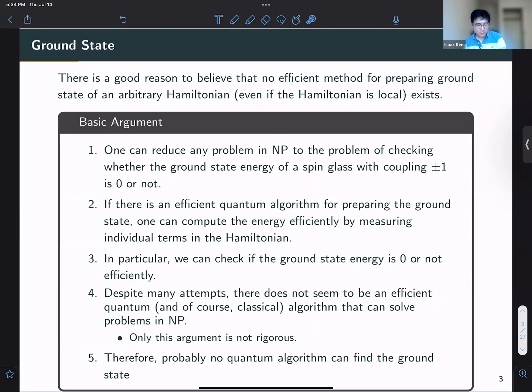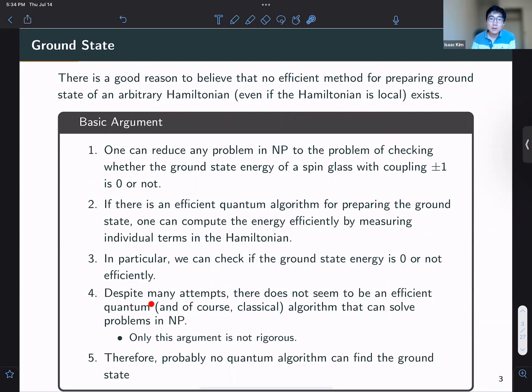So if there is an efficient quantum algorithm for preparing any ground state, so let's say I give you a Hamiltonian and you have a capability to prepare any ground state of that Hamiltonian, then you can compute the energy efficiently by simply measuring the individual terms of the Hamiltonian on the quantum computer. So in particular, you can check if the ground state energy is 0 or not by just simply estimating the ground state energy. Okay, so everything that I said so far can be made completely rigorous.